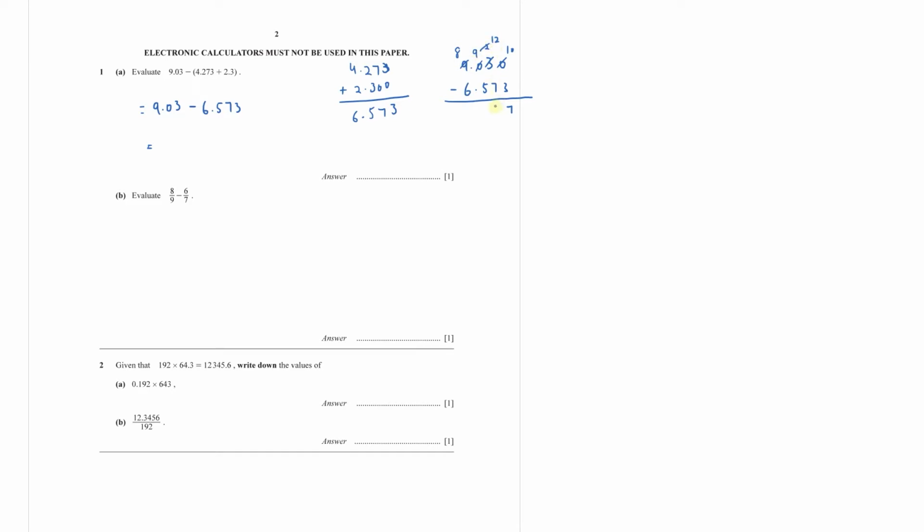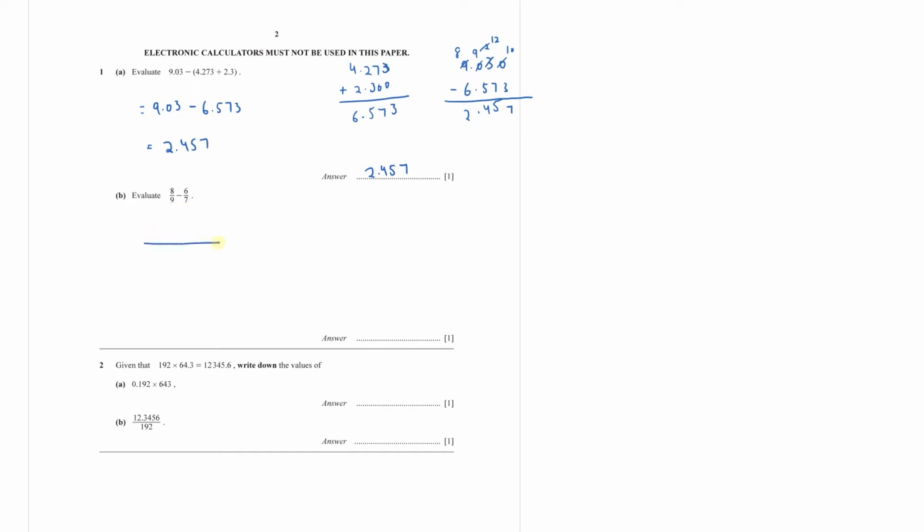So 12 minus 7 is 5, and then 9 minus 5 is 4. Then the decimal, 8 minus 6 is 2. So you get 2.457. This will be your answer. Next part is 8 by 9 minus 6 by 7.